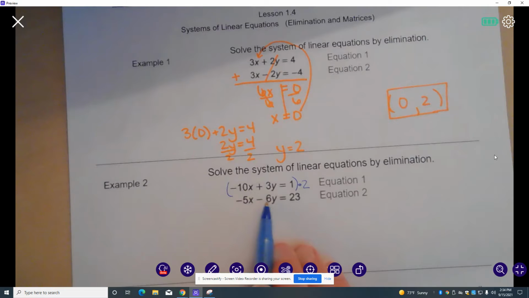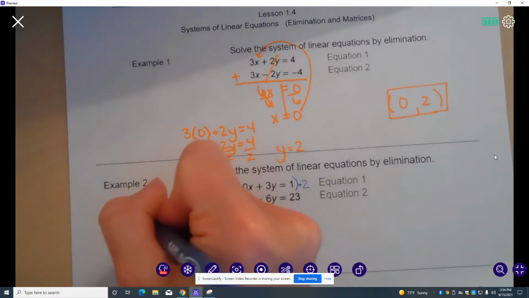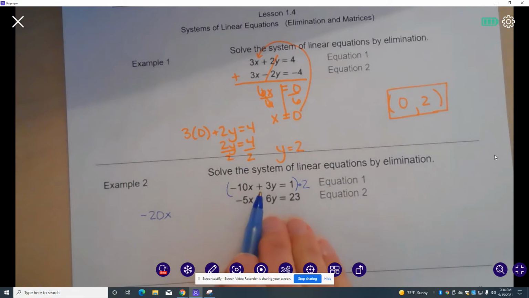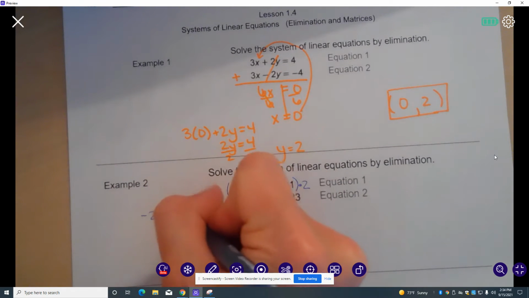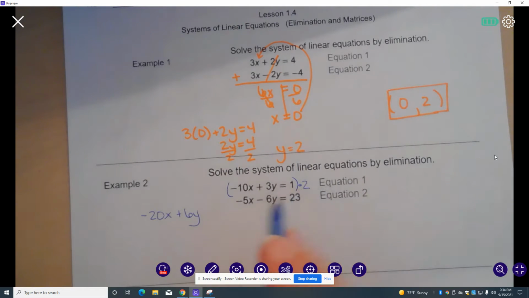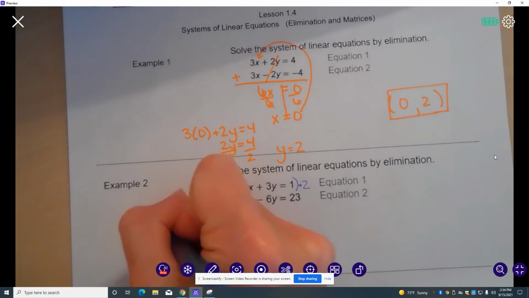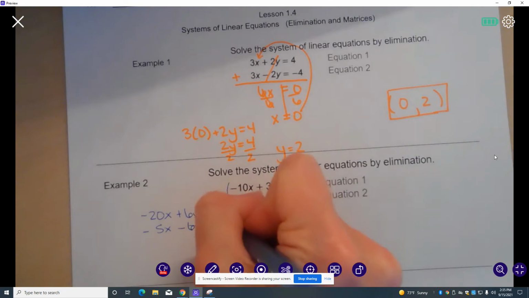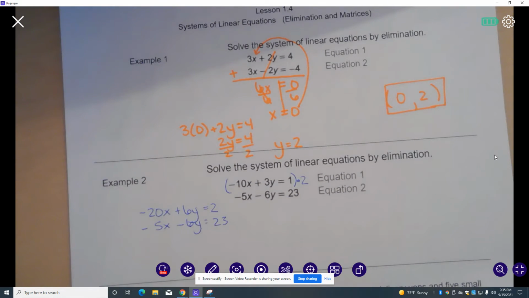So I'm going to go ahead and do this. I'm going to multiply everything in this equation by 2. So negative 10x times 2 is negative 20x. 3y times 2 is 6y. And 1 times 2 is 2. So I'm just rewriting that top equation, and I'll go ahead and write equation 2 underneath. Now I'm ready to add my equations.